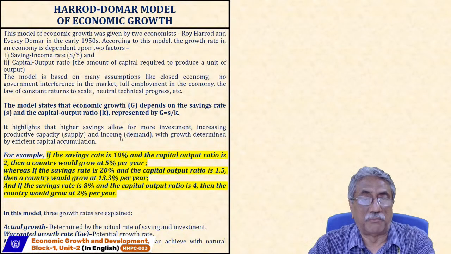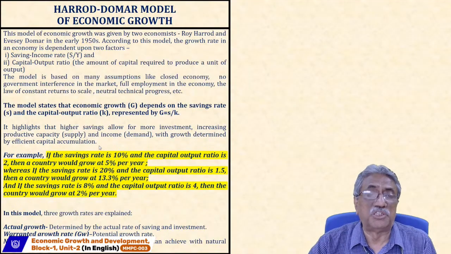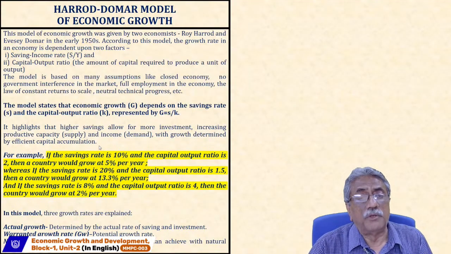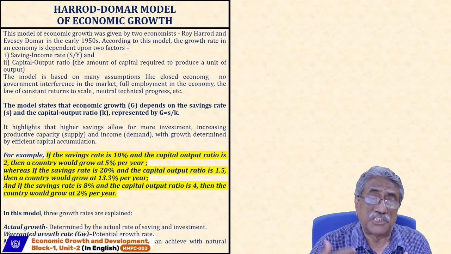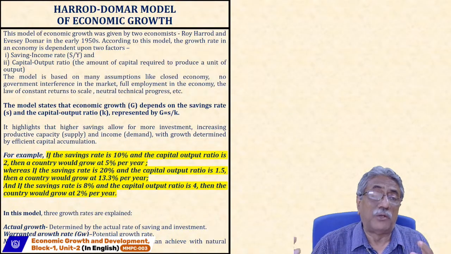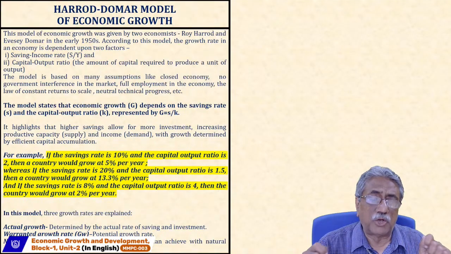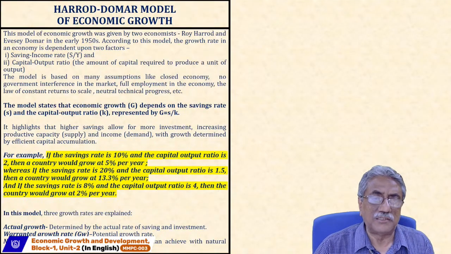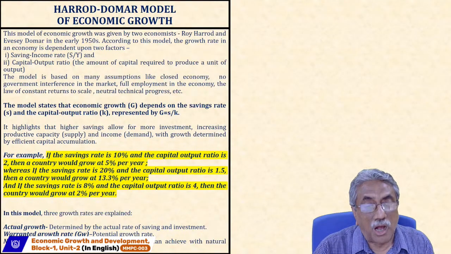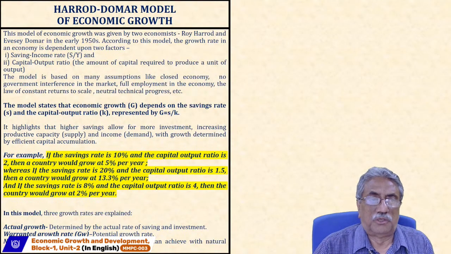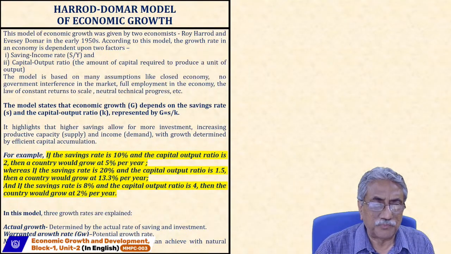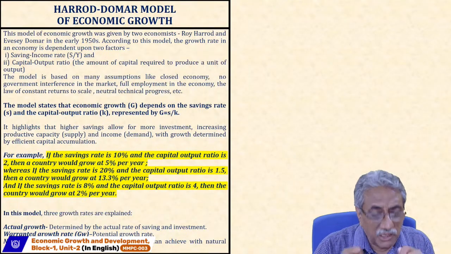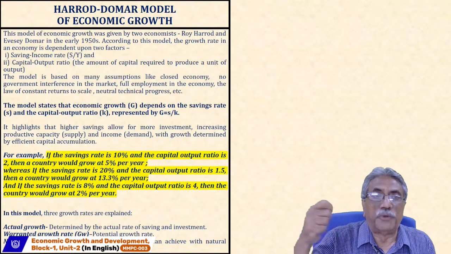That in turn will generate demand, with growth determined by efficient capital accumulation. If you have a high income, you will demand a lot of goods, you will also save more, so your capital will grow. This is the Harrod-Domar simple model: an economy has to have higher savings, and the per output capital requirement should be low, or given the capital, output should be higher.